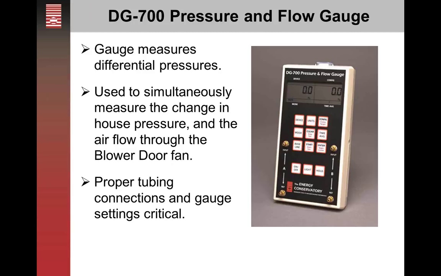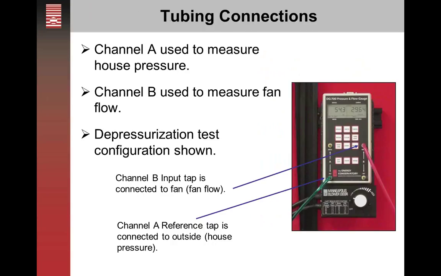We have a number of buttons on there to provide for proper readings and also reading formats. So if we're going to do a blower door test, we would want to use pressure and flow. We could also use some of the customized settings with pressure flow at 50. We'll talk about that in just a moment.